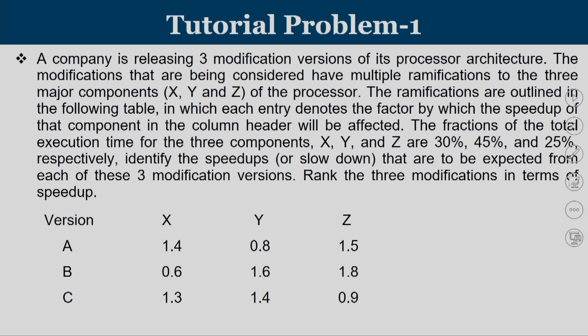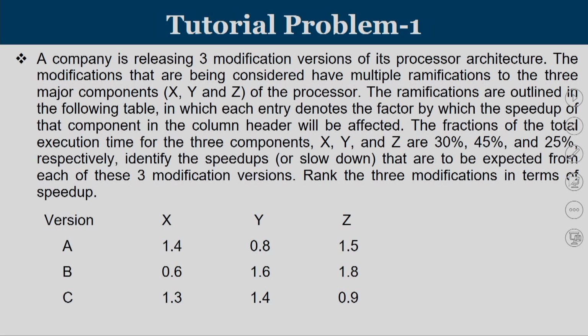A company is releasing 3 modification versions of its processor architecture. The modifications that are being considered have multiple ramifications to the 3 major components X, Y and Z of the processor. The ramifications are outlined in the following table, in which each entry denotes the factor by which the speed up of that component in the column header will be affected.